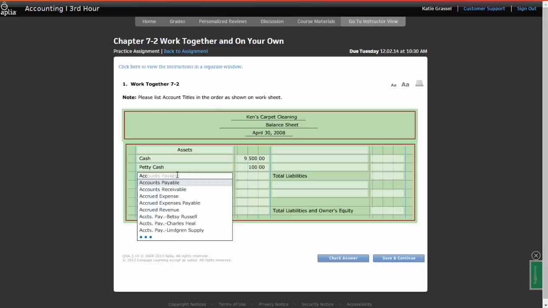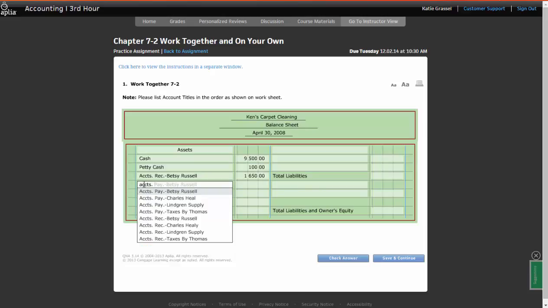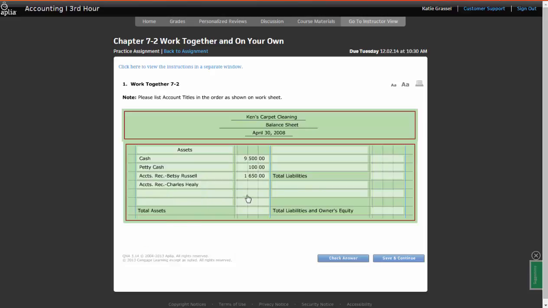I have accounts receivable, Betsy Russell, and Betsy Russell's is $1,650. Then I have accounts receivable, Charles Healy, for $1,403.